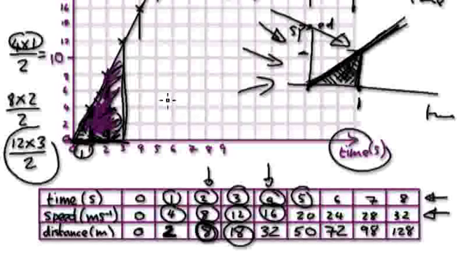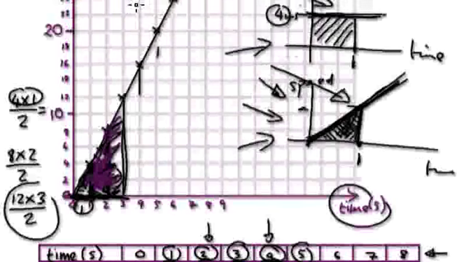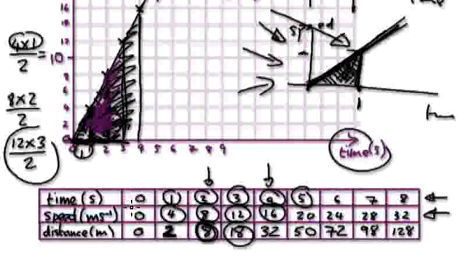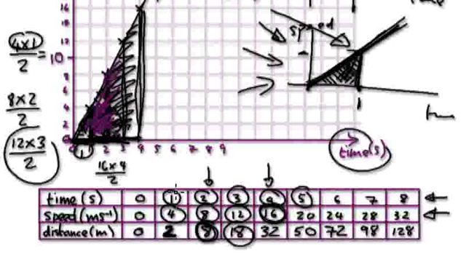And then after 4 seconds, you're looking at your speed time graph. The area underneath this represents the distance traveled after 4 seconds. So it would be the up and down here, which is 16, then 16 times 4, divided by 2, and that will give you this.